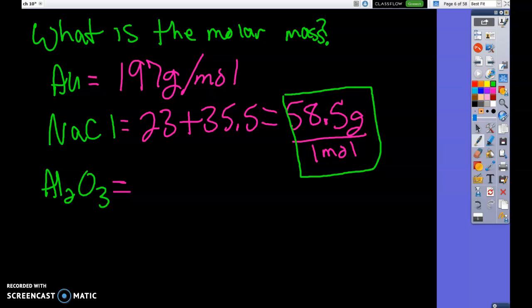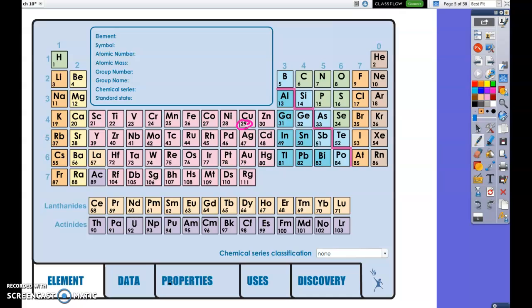And then let's look up aluminum and oxygen. All right, so aluminum, 26.98, so 27. And oxygen is 15.9994, which we'll round to 16. So 16 and 27.